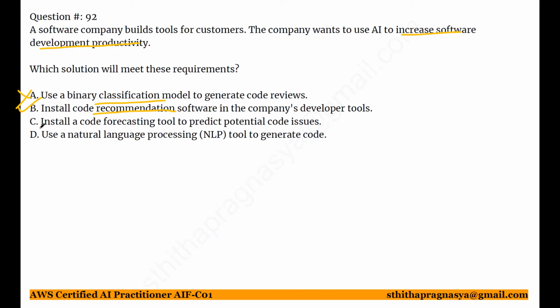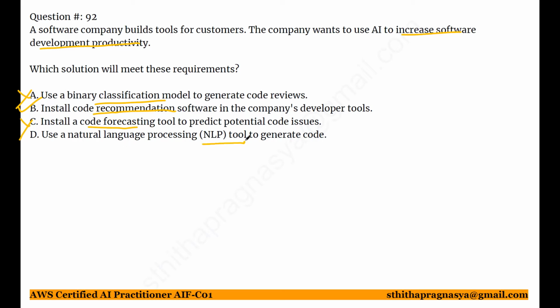Now, option C has to be incorrect. Why? Because code forecasting tools predict potential issues in code but focus on improving code quality rather than productivity. While this is also valuable, they do not address productivity enhancements like code generation or recommendation. This is more about issue prevention than overall productivity improvement.